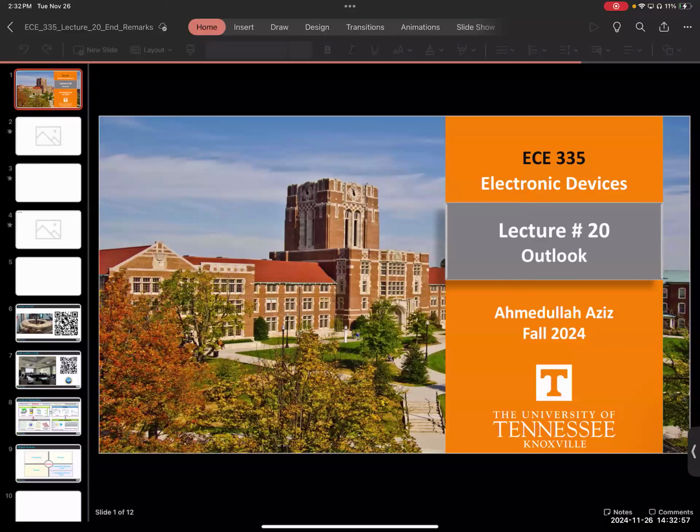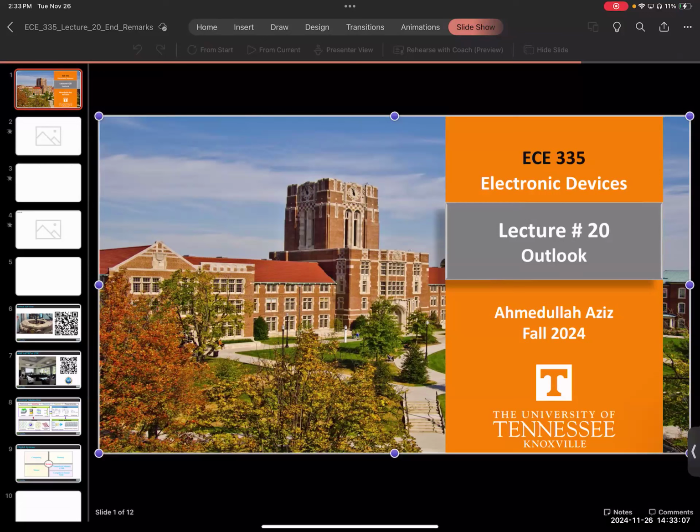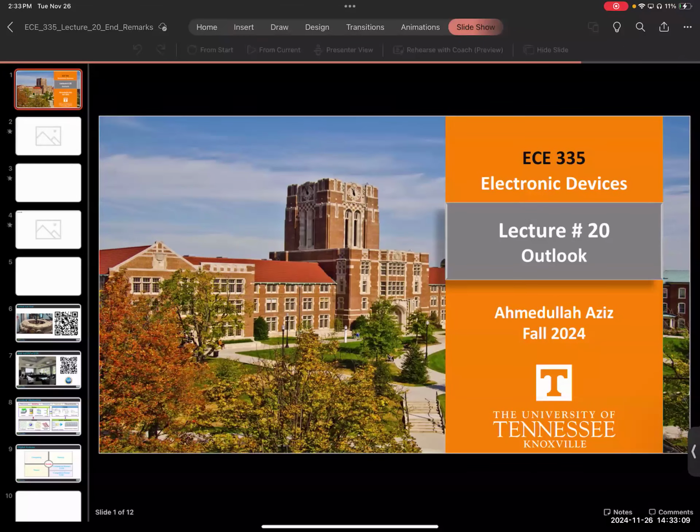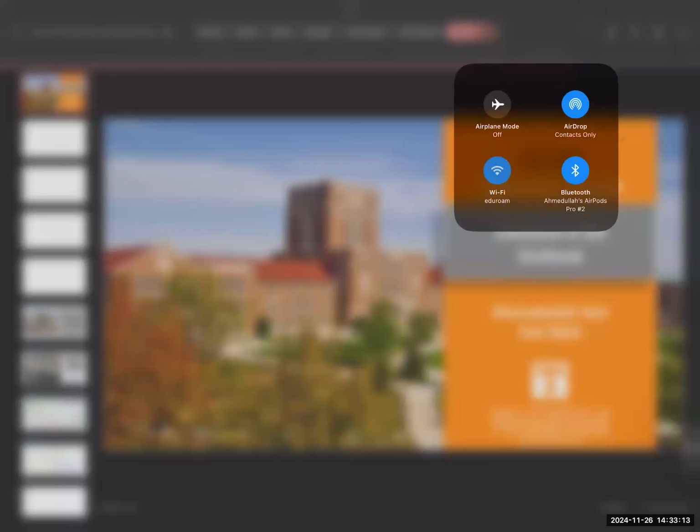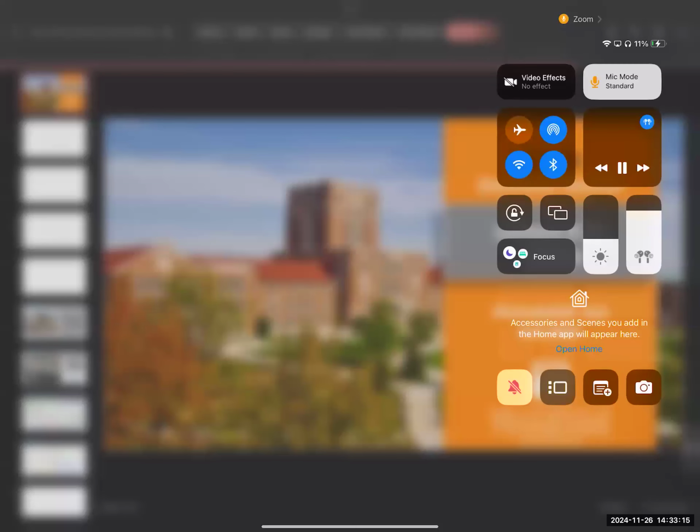Yes, for some reason it's still loading. One second. Is it not connected to the internet? Or looks like it is.